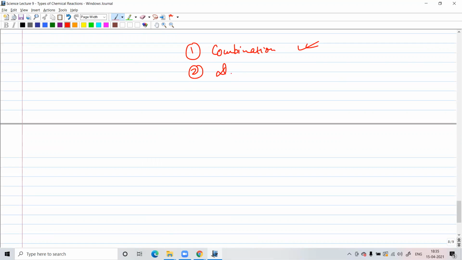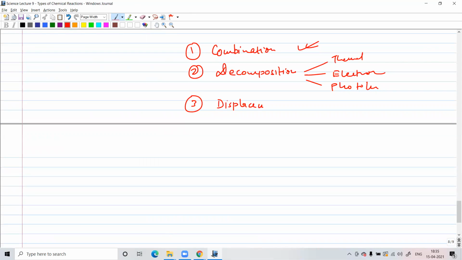Second one was the opposite of combination, that was decomposition. In this decomposition, we saw three types: thermal, electrolytic, and photolytic. And then we are going to the third type, which is displacement. Okay.